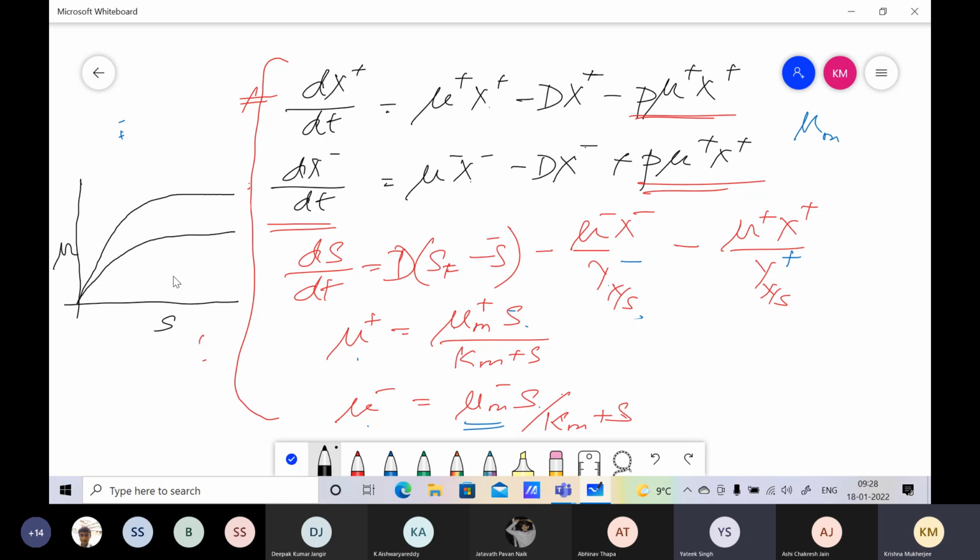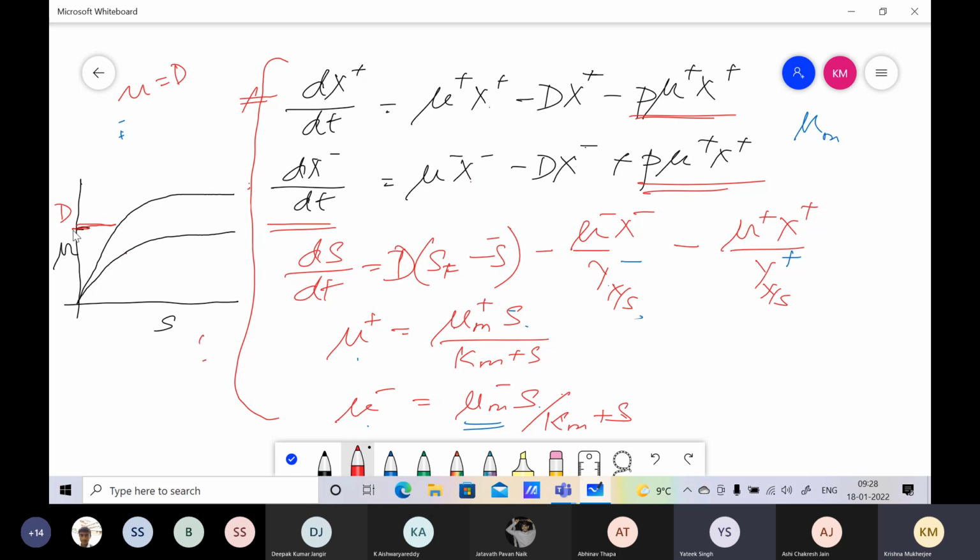And notice that if the dilution rate is somewhere here, let us say this is the D. Remember, we used to solve it graphically. If mu is equal to D, then normally you would match it like this. Sorry, I should have drawn this better.